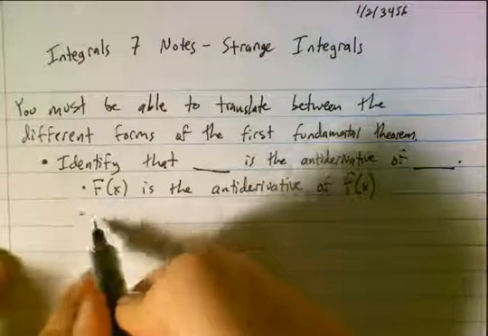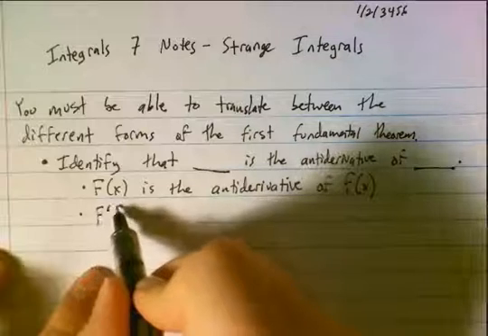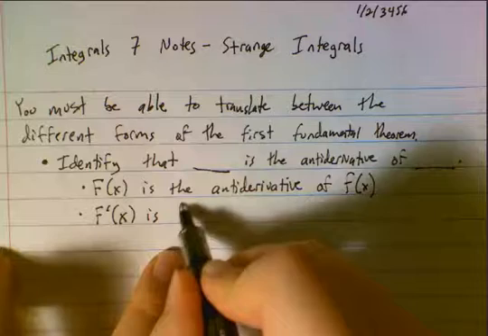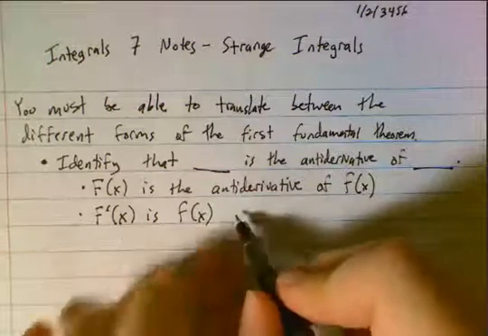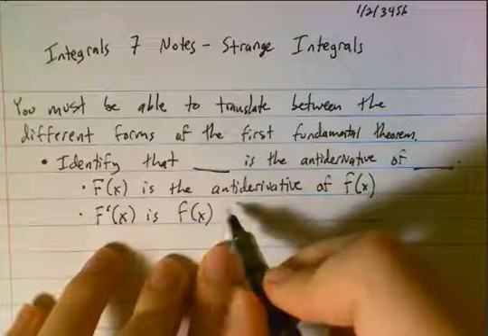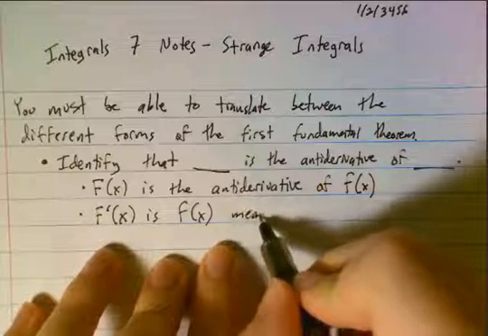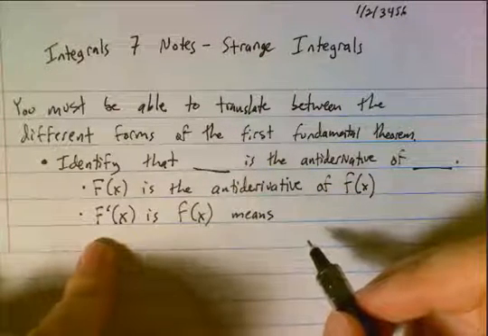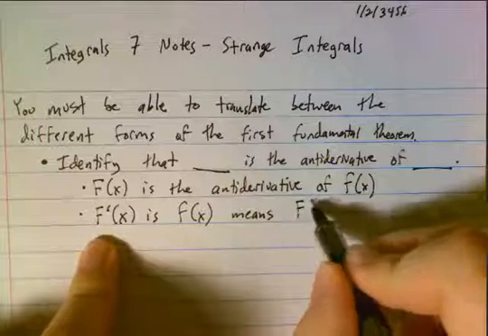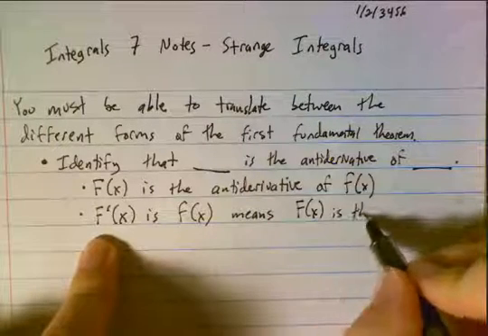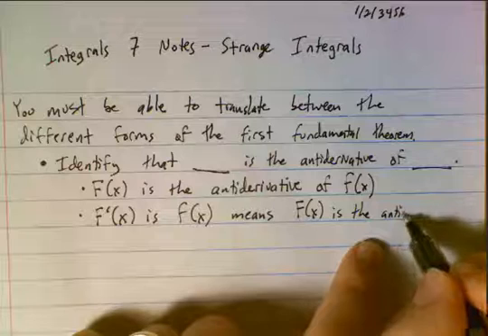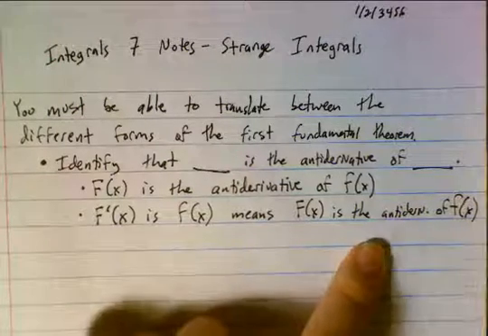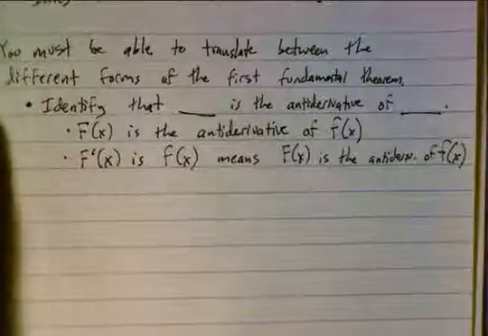So we could also be told that the derivative of capital F is f of x, which means if one function is the derivative of another, that means the first function is the antiderivative of the second.